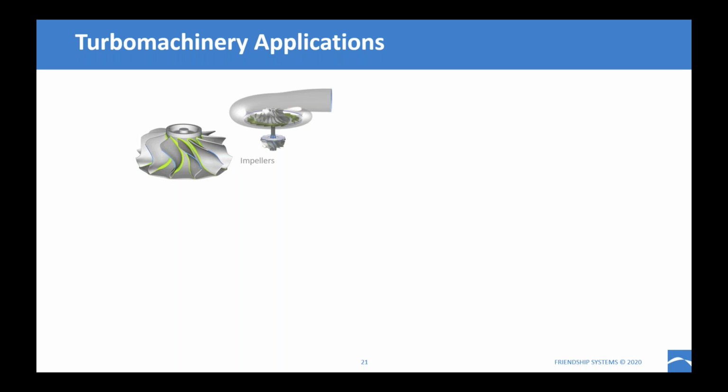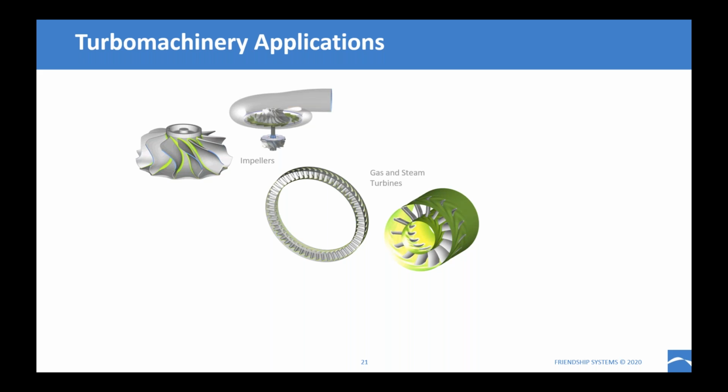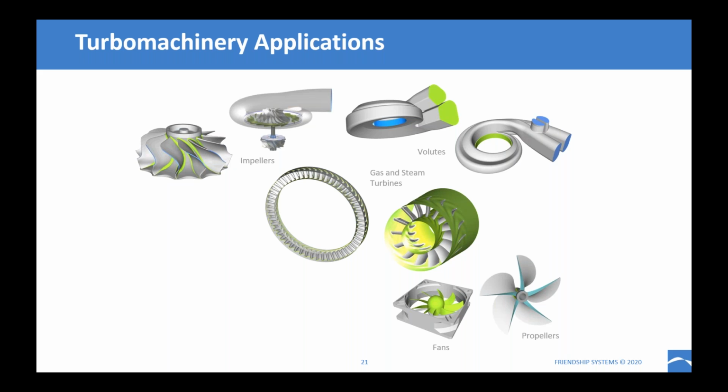This can be impellers, like radial impellers, as you see here, or axial turbomachinery, like gas and steam turbines, but also other types of turbomachinery, like propellers for airplanes or for ships, fans, but also non-bladed geometry like volute casings or exit casings, like this exit casing for a gas turbine.